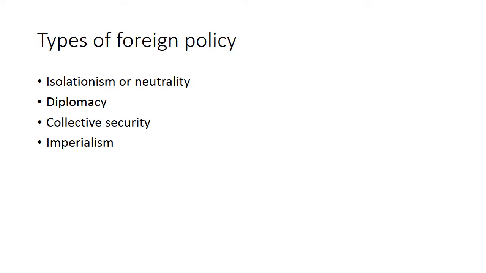So the number 1 point is isolationism or neutrality. Basically, neutralism means that is in between, not in favor of anyone, but it remains neutral. Some countries gain the status of neutral.